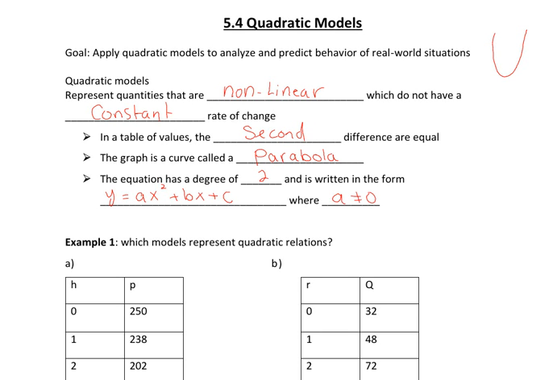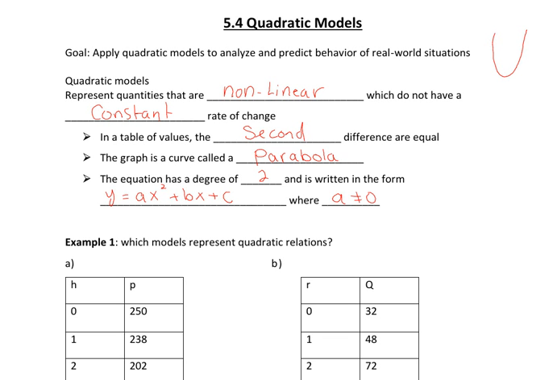Because the minute that a is 0, you're going to lose that term, and you're going to end up with a linear function. If a is 0, 0 times x squared is 0, so you lose the x squared term and end up with something that looks like a linear function, bx plus c. So that's where they specify that a cannot equal 0.